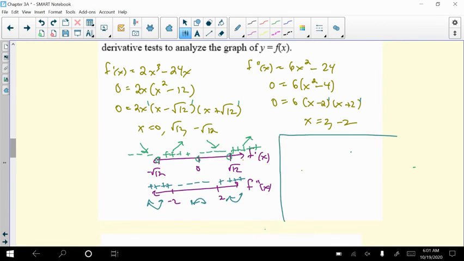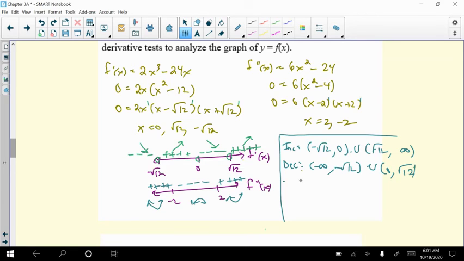And so, if I want to say increasing, it's increasing from negative root 12 to 0, union root 12 to infinity, and then it's decreasing from negative infinity to negative root 12, union 0 to root 12. I feel like every time I get to the corner of my tablet, my neatness definitely is lacking. Yeah, I get messier.